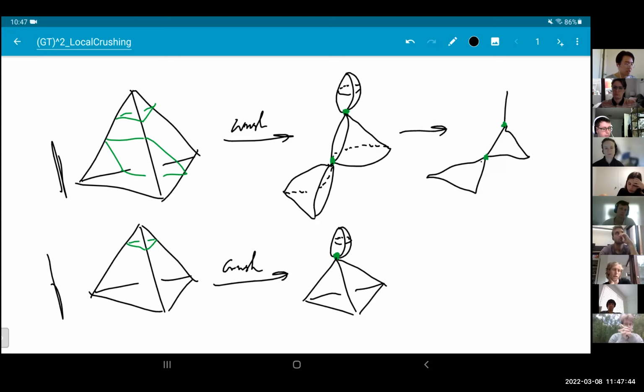So we want to avoid that or find a way around that. And so the idea basically is to try to understand what happens when you crush one tetrahedron at a time.